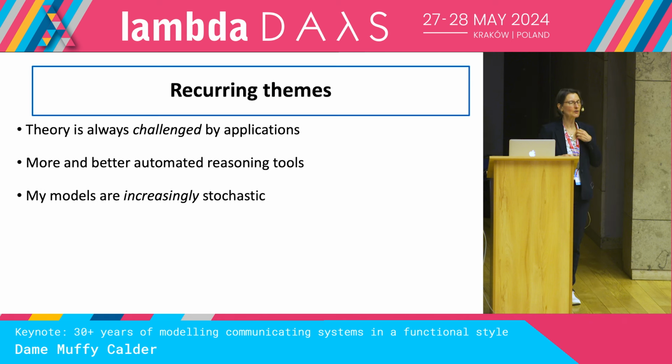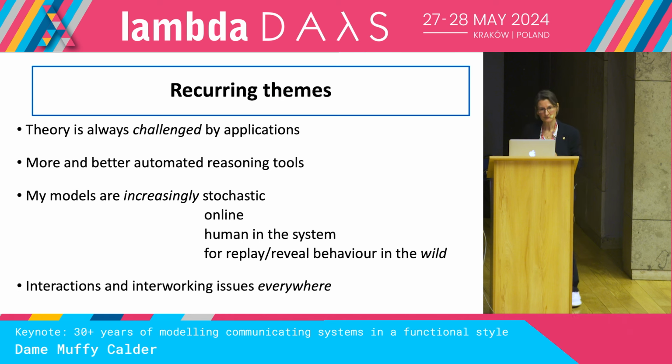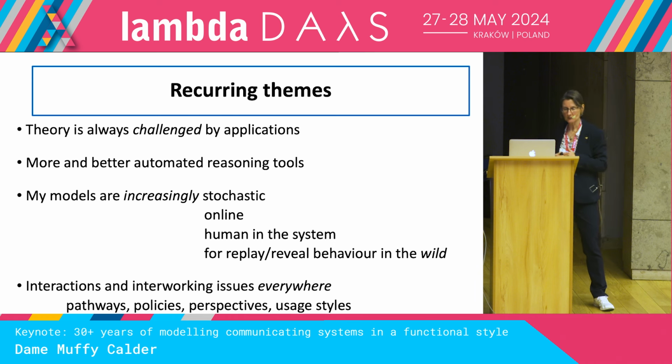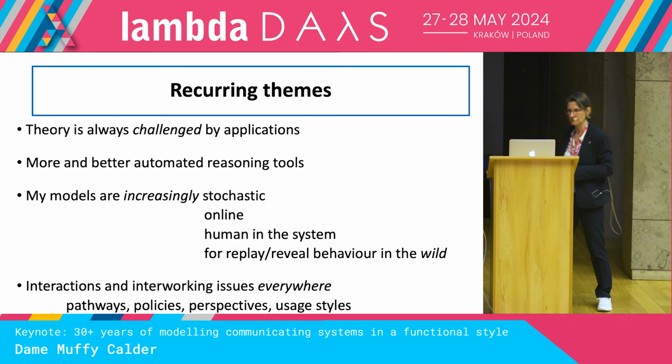I have become increasingly stochastic, probabilistic, much more online modeling, more interested in human in the system, and very much for replay of behaviors in the wild. That's probably much more what I look at these days, is actual behaviors. Interactions and interworking problems are absolutely everywhere, from pathways to policies to usage styles to perspectives.